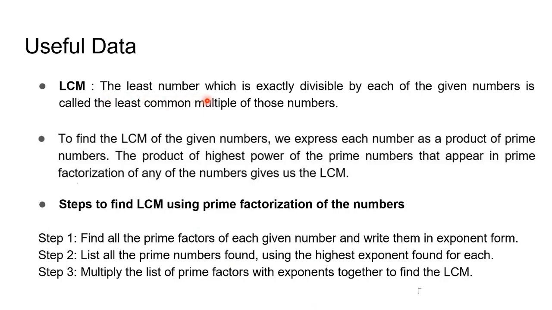The least number which is exactly divisible by each of the given numbers is called the least common multiple of those numbers. To find the LCM of the given numbers, we express each number as a product of prime numbers. The product of the highest power of the prime numbers that appear in the prime factorization of any of the numbers gives us the LCM.